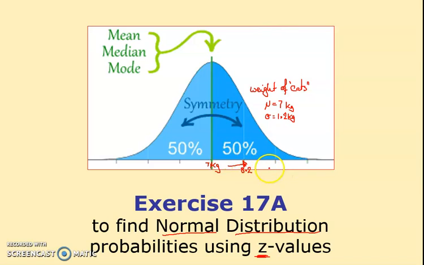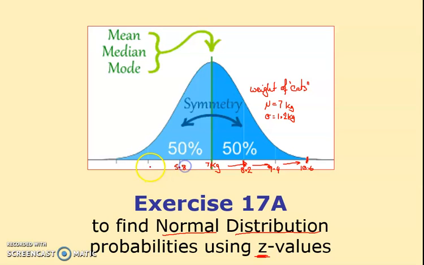If I add on another 1.2, I get to 9.4. And by the time I get to 10.6, having each time added an extra standard deviation, I'm practically finished. There'll be very few of these cats heavier than 10.6. Almost none.